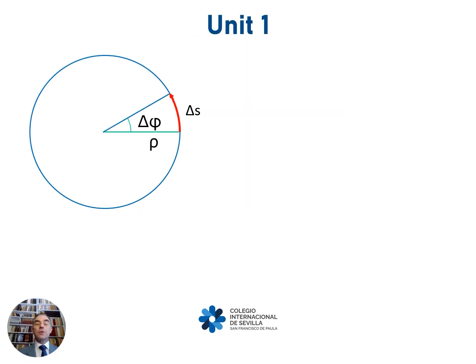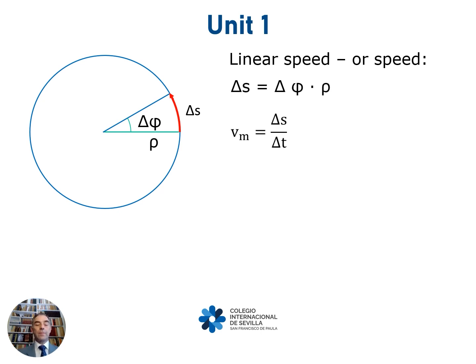This illustrates how we can calculate the linear speed, or simply speed. We know that the distance covered is the angle swept times the radius. And we also know that the average speed is the distance covered divided by the time it takes to cover it. Therefore, we replace.